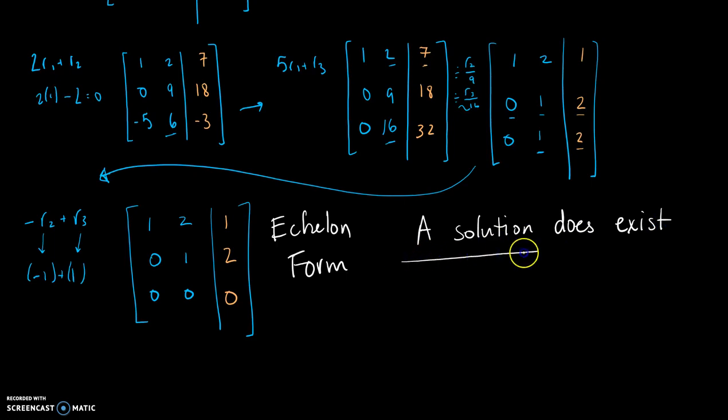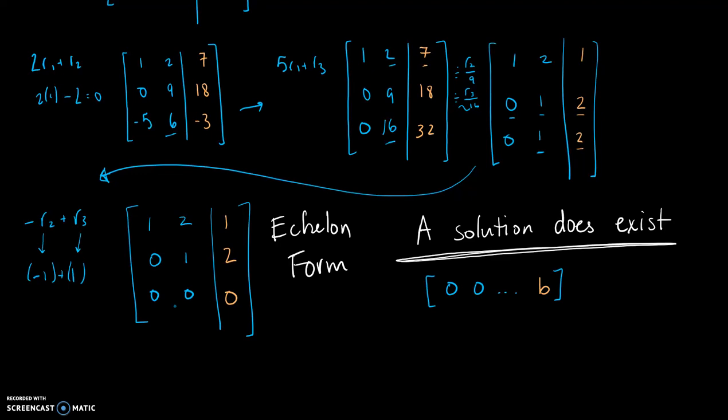And the reason why we know that is because, remember, in the video where we talked about existence and solutions, when we learned that theorem, we don't have any row that looks something like 0, 0 is equal to some constant, right? We have this bottom row which has just all zeros in it. So we know a solution does in fact exist, okay?